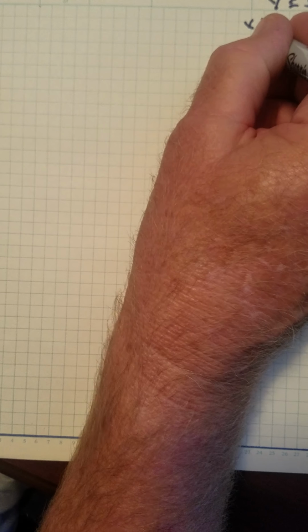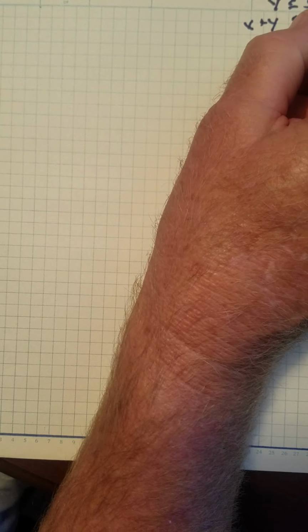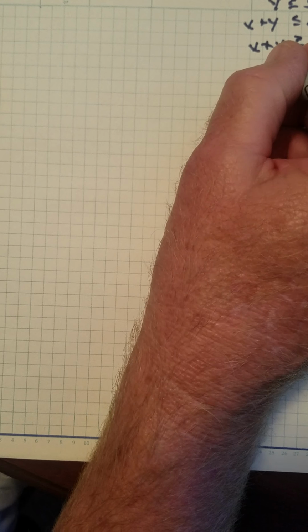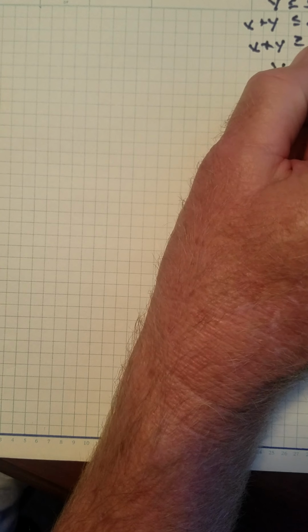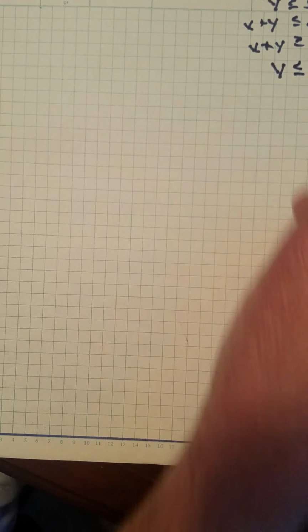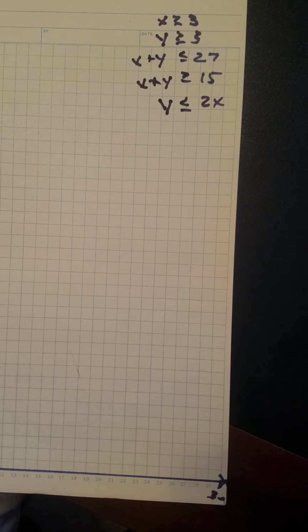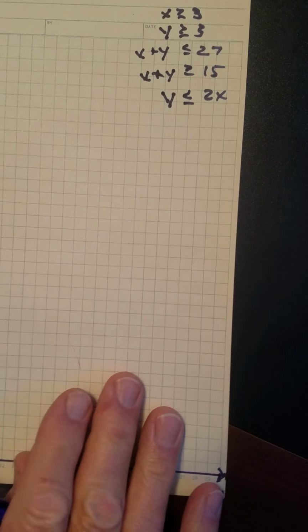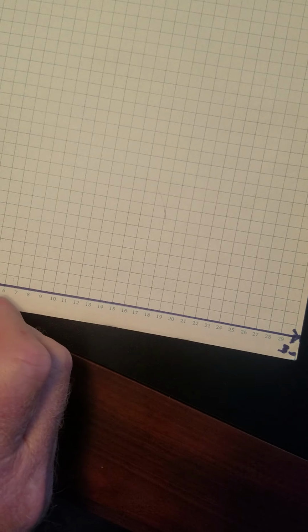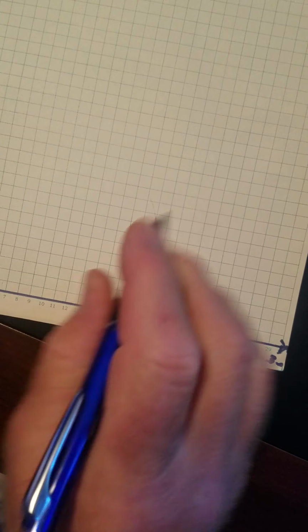I also had x plus y greater than or equal to 15, and y was less than or equal to 2x. Just copy my inequalities. Okay. So let's start with the first one. X has to be greater than or equal to 3. So 3 is going to be right there.